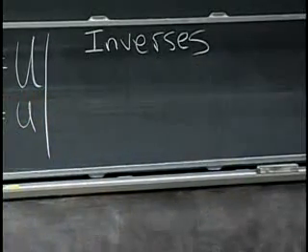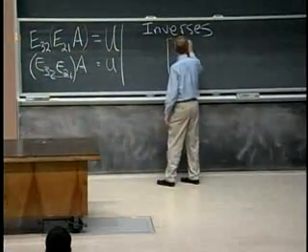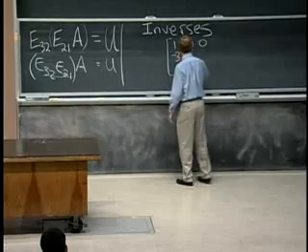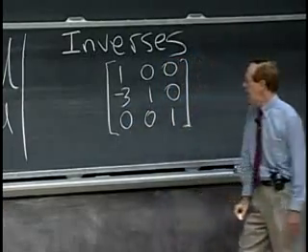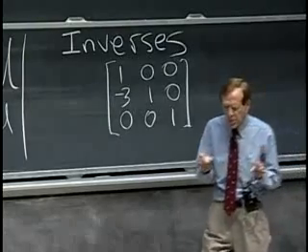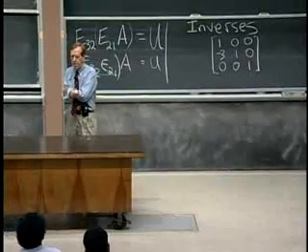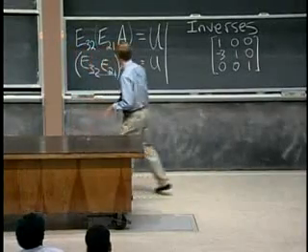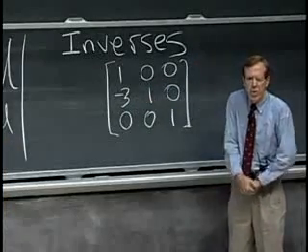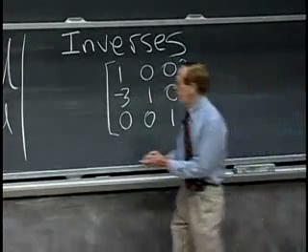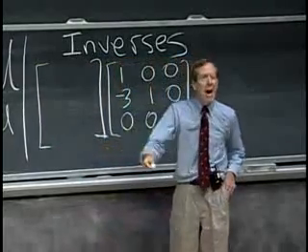The example I'll take will be that E. So my matrix is 1, 0, 0, minus 3, 1, 0, 0, 0, 1. And I want to find the matrix that undoes that step. So what was that step? The step was subtract 3 times row 1 from row 2. So what matrix will get me back?